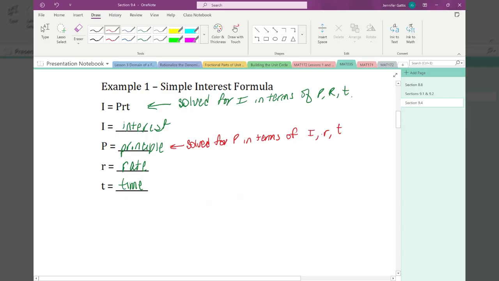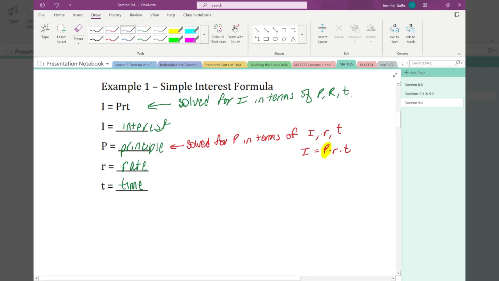Well, we're going to start out with I is equal to P times R times T. And we want P all by itself. Our goal is to figure out what this is with P all by itself. Well, recall that the inverse operation of multiplication is division.